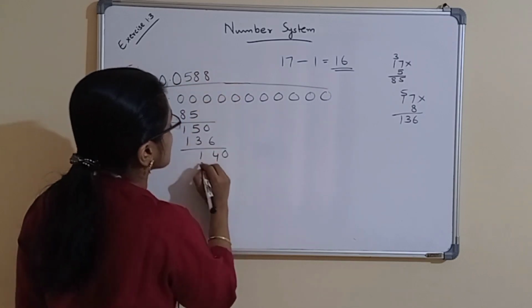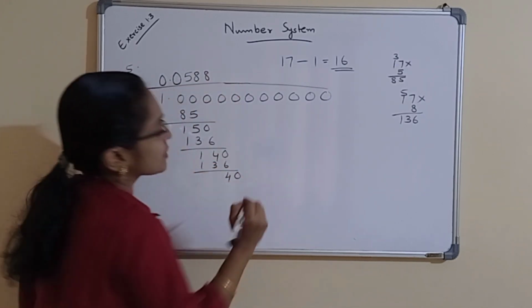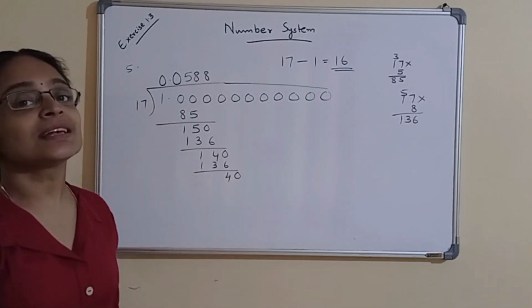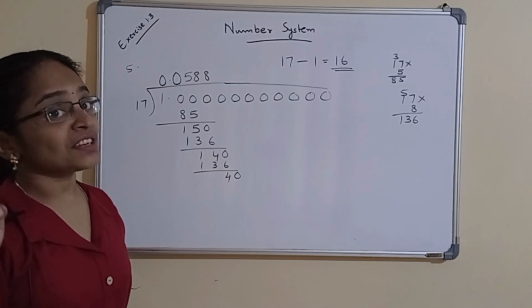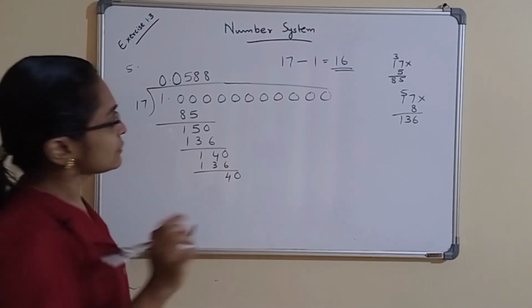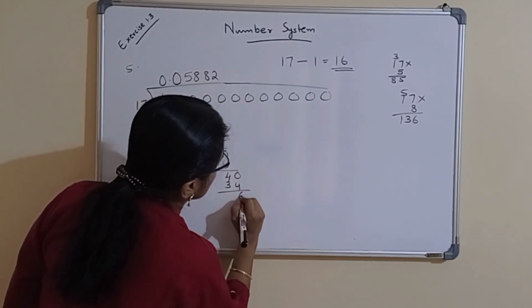So 8 times 136. Now what is the remainder? 4. Now bring this 0 down and 40 by 17 is 2, since 17 into 3 is 51 and 17 into 2 is 34. So 2 and 34. Now the remainder is 6.